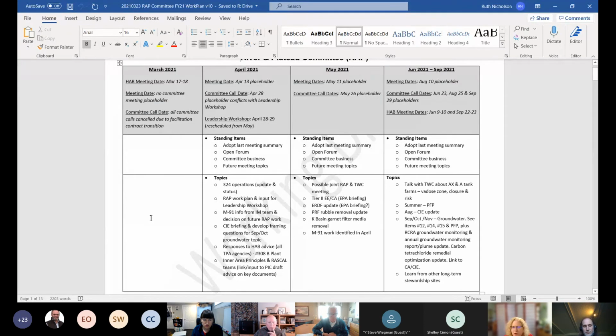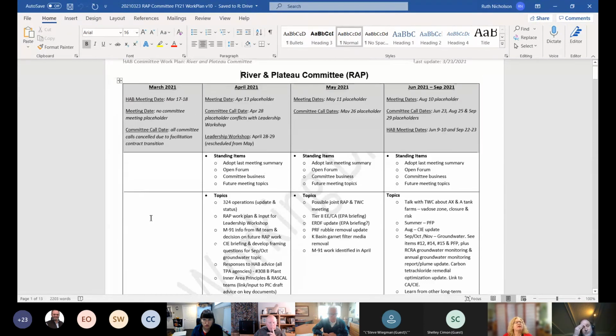So for folks who are new, the anatomy of the committee work plan, it's literally a melding of what used to be called the 3-month look ahead with a topics table, and different committees use those two documents differently. So the front page is sort of the snapshot of what's coming in the next few months.